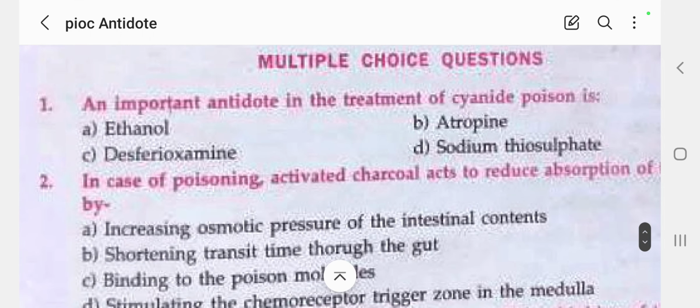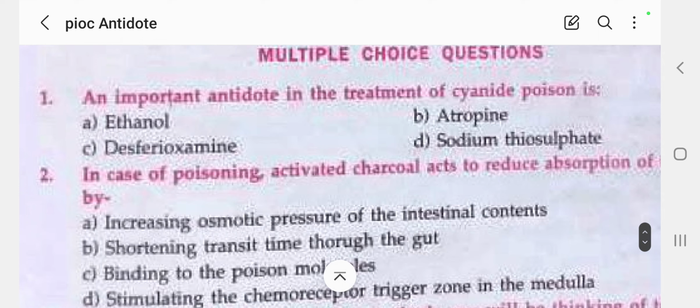This also will help you to understand the concept and to go through the antidote poisoning chapter. So an important antidote in the treatment of cyanide poison is, what is that? Sodium thiosulfate.